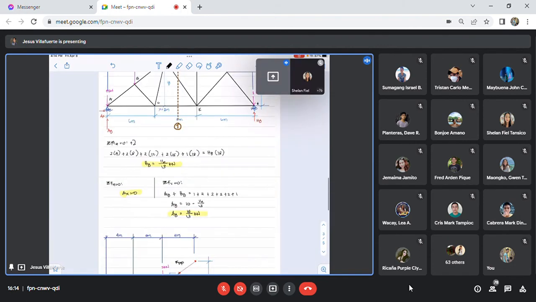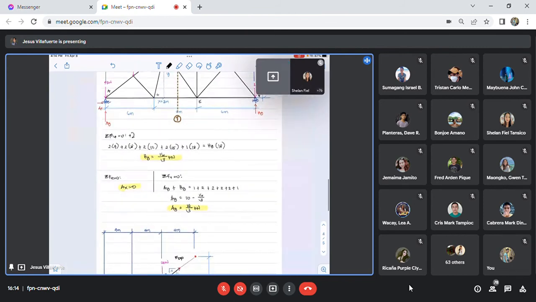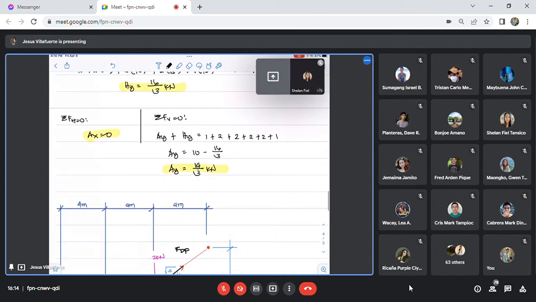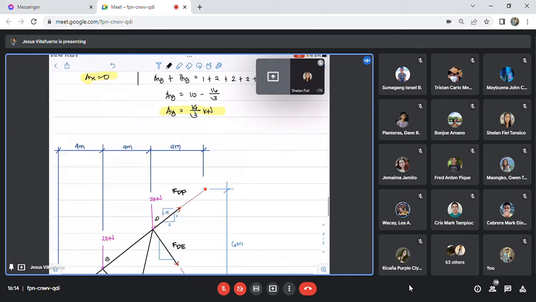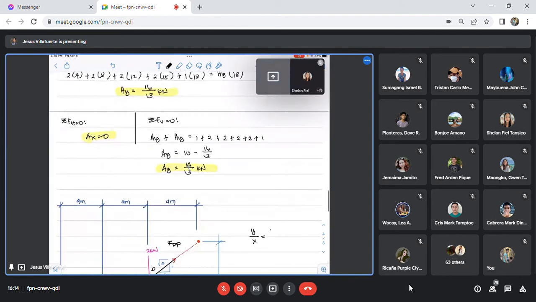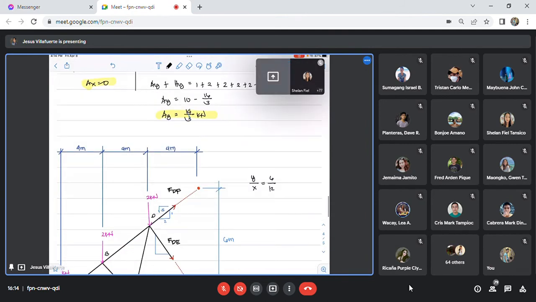So, by similar triangle, it's y over x. That is y over x is equals to, what is your y? That is 6 over 12. But what is your x? It is 2. Tama? So y is equals to 2 times 6 over 12.